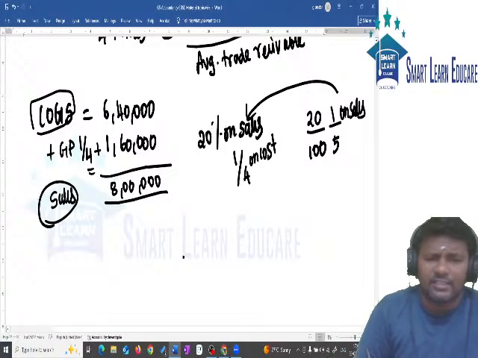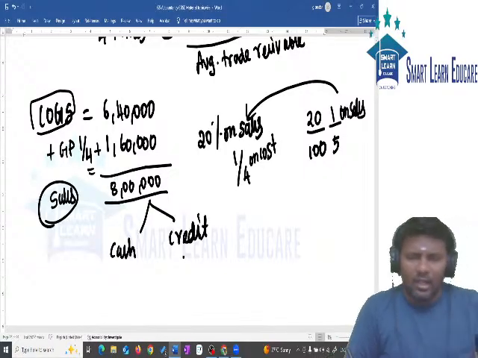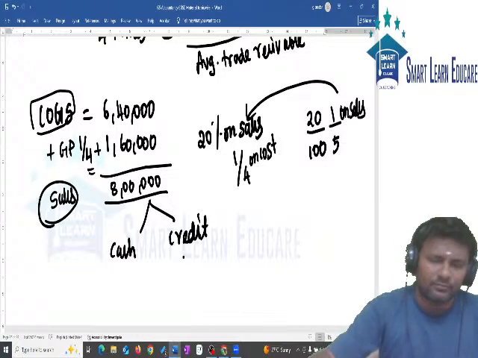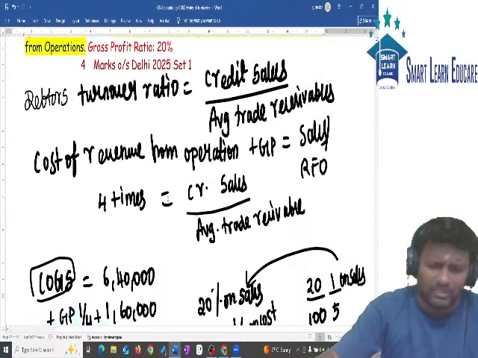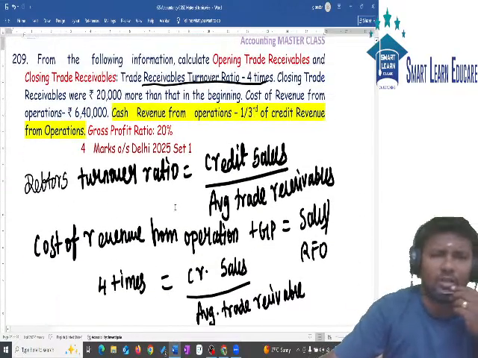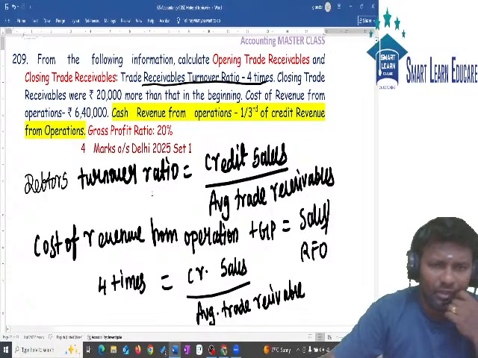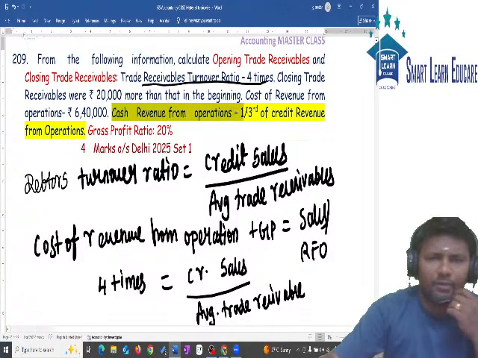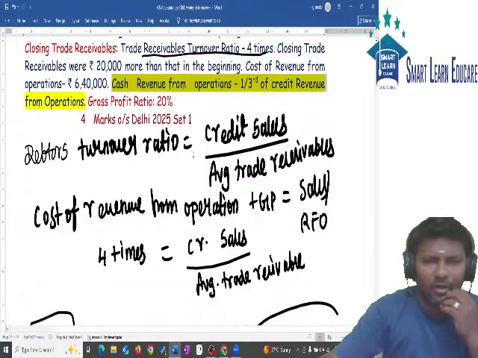Now, in this sales, one is cash sale and another is credit sale. What is the amount of cash sale? Cash revenue from operation is one third of credit revenue from operation, which is not given.